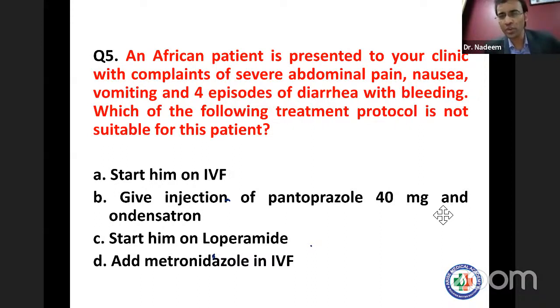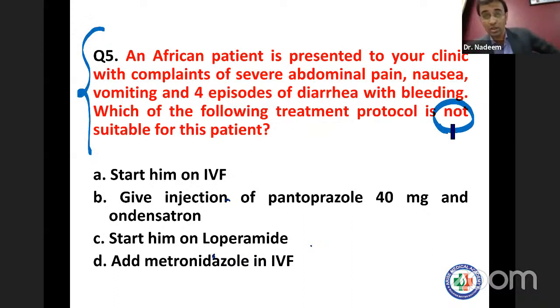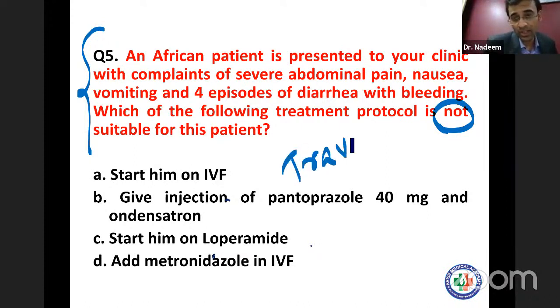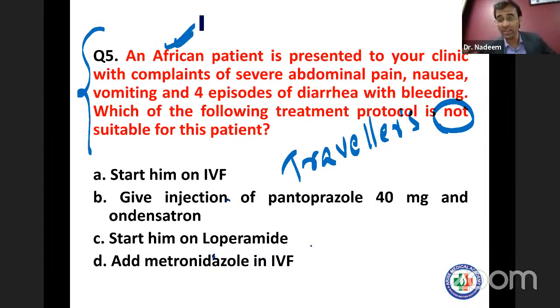Which of the following treatment protocols is not suitable for this patient? Whenever you are facing this kind of question, please mark the word not. Now you are thinking, okay, African patient, so this can be a case of traveler's diarrhea. On the basis of Africa, you are making this conclusion.